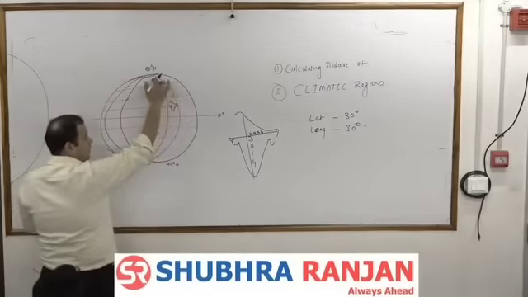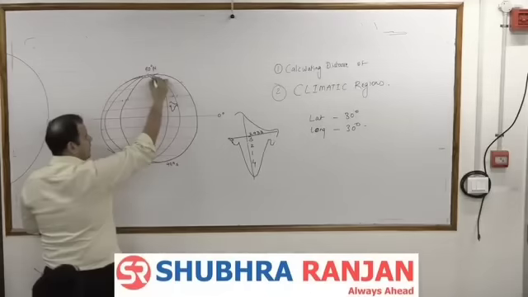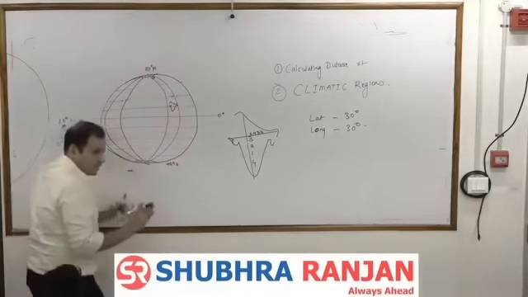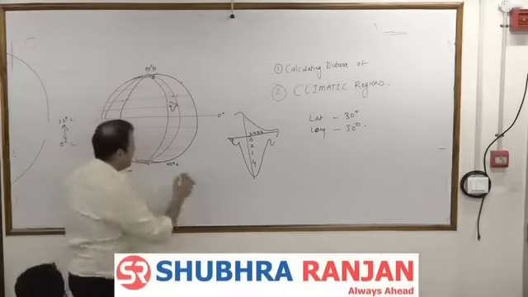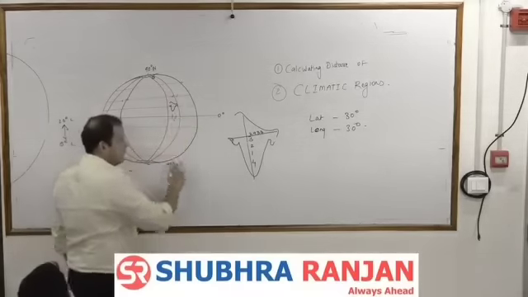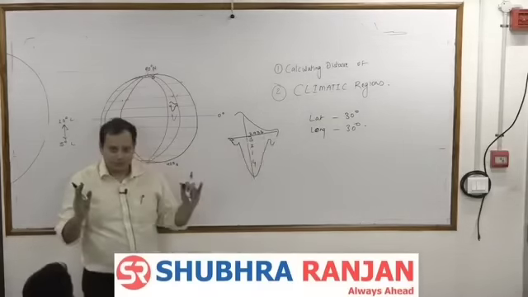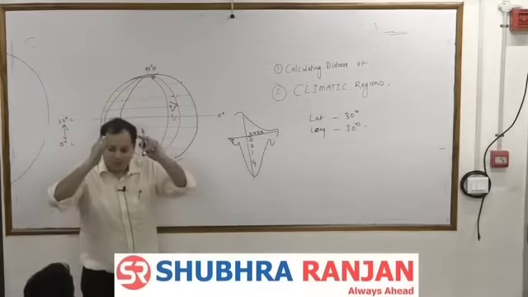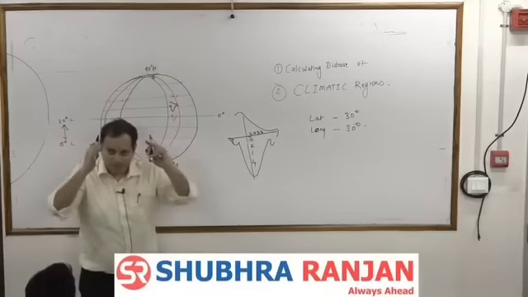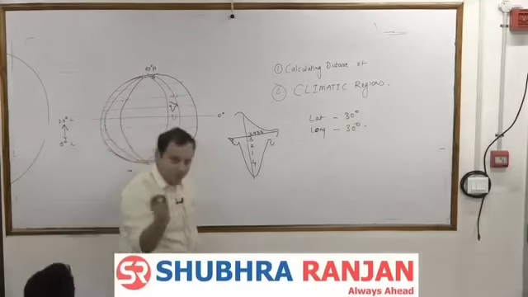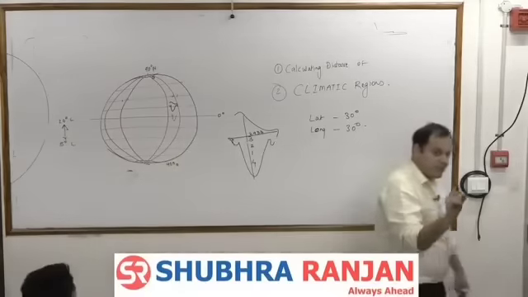If India were here, the difference between the longitudes would have been still lesser. Had India been exactly at the equator, it would have been square in shape, 3214 and 3214. But the distance between the longitudes goes on decreasing as we move away from the equator. And therefore, the longitudes cannot be used for calculating distance.